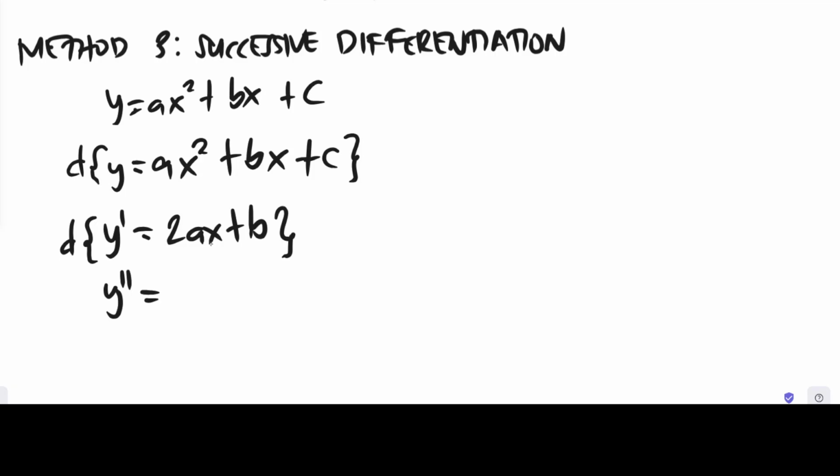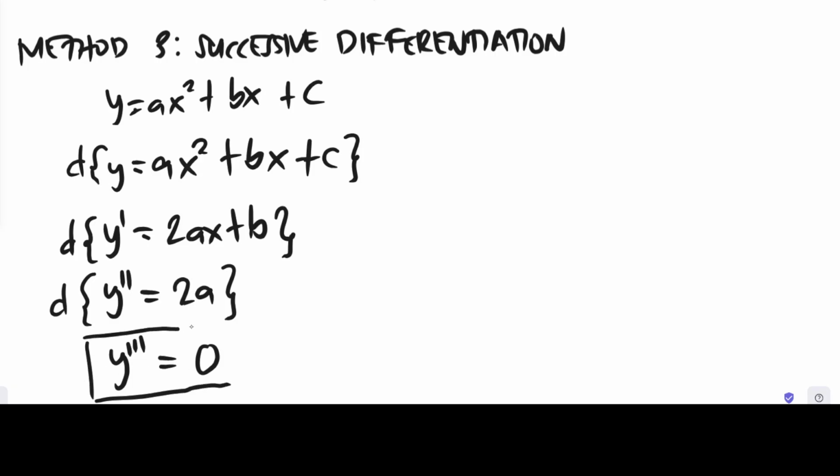The derivative of 2ax will be 2a, okay? And then b will be 0. So again, 2a is also isolated already. So one more differentiation, we will have y triple prime is equal to 0. So this is our DE.